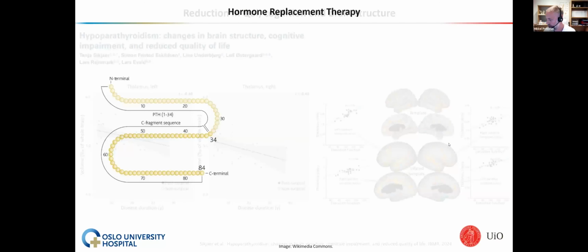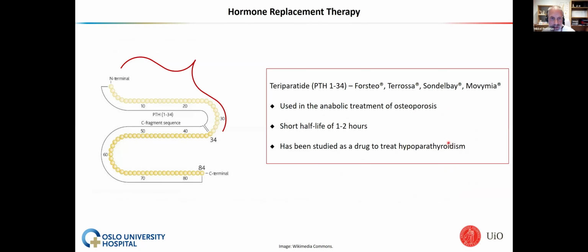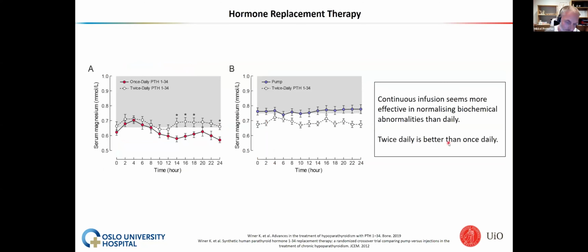This has also led us to the possibility of hormone replacement treatment. And the first drug here was teriparatide. It's mainly used in anabolic treatment of osteoporosis, and it has a very short half-life, but it has still been studied as a drug to treat hypoparathyroidism, especially in Karen Wiener's group.